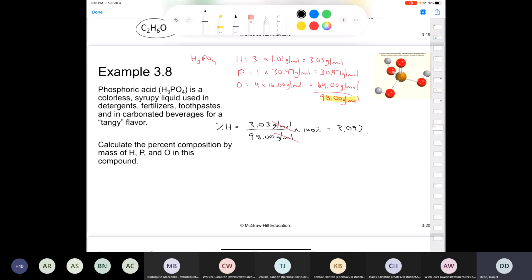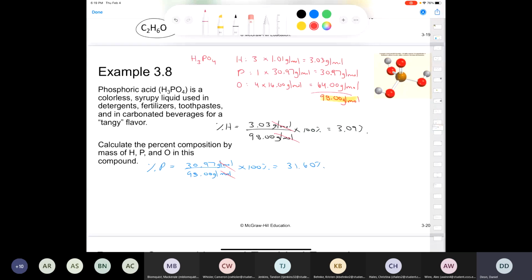Let's do the same thing for the phosphorus. So my percent of phosphorus is going to be equal to 30.97 grams per mole divided by 98.00 grams per mole multiplied by 100%. Same old calculation over and over here that you're going to see me repeat. I get 31.60%.